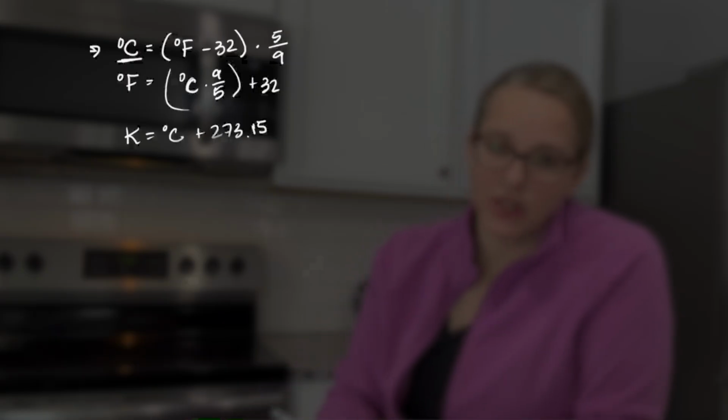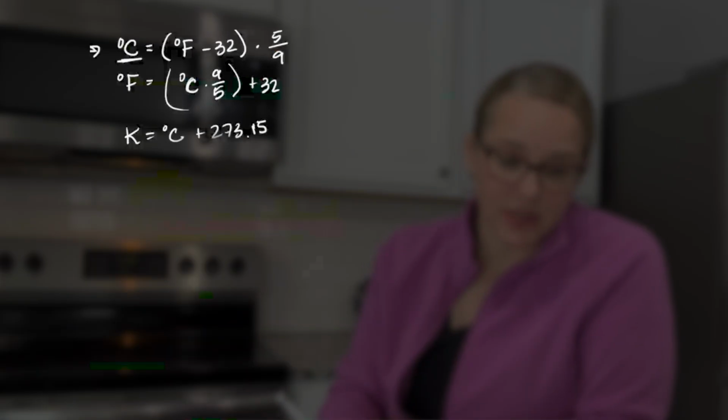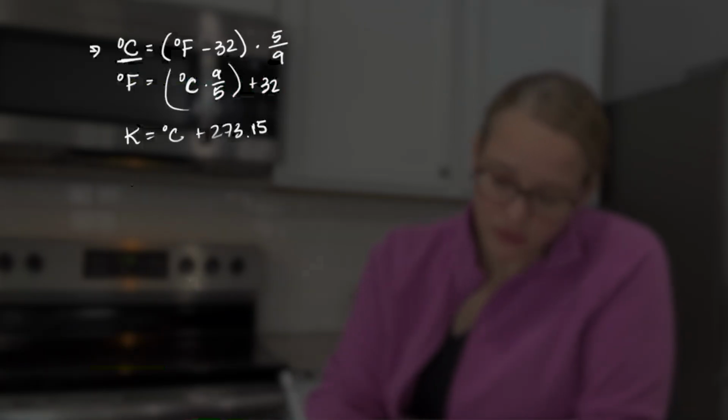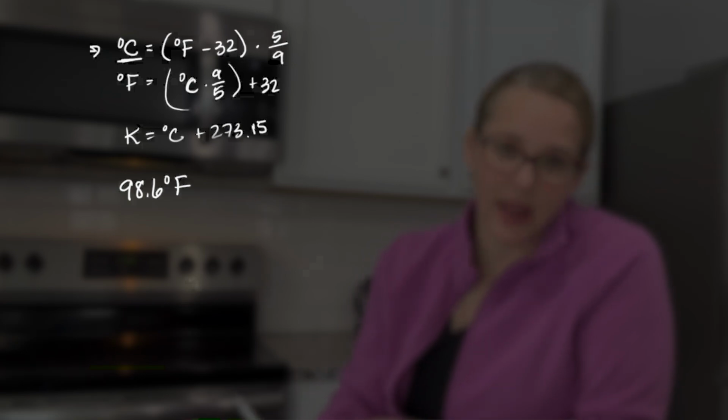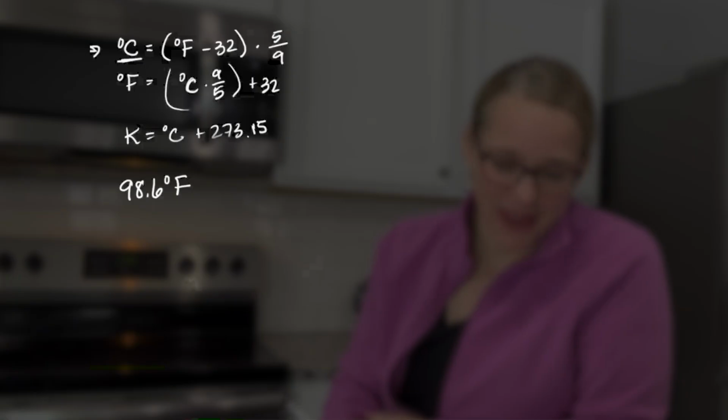We'll just do one more. If you look at these three, we don't have one that lets you start off with Fahrenheit and end up with Kelvin. If you need to do that, you actually have to do 2 steps. So let's say we have 98.6 degrees Fahrenheit. Do you recognize that specific temperature? That's body temperature in Fahrenheit, okay?